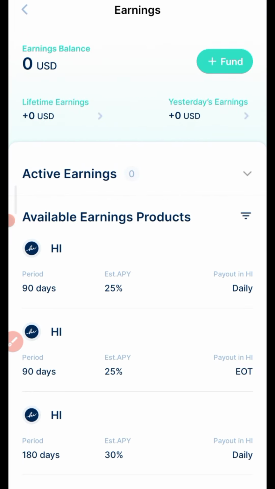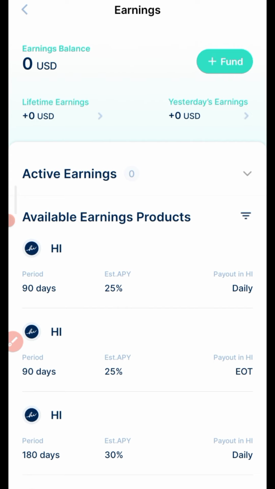Now you can actually fund and buy high dollars. You have the high dollars, and you can stake your high dollars to get profit, a return on investment.